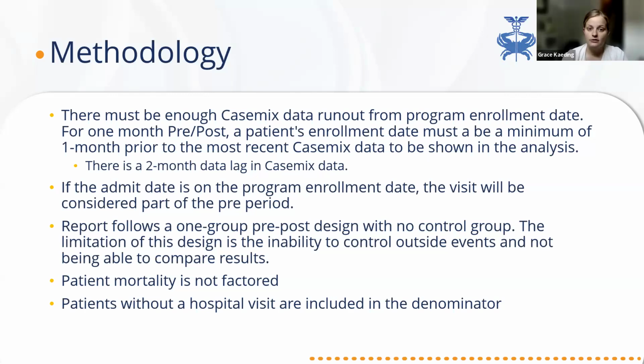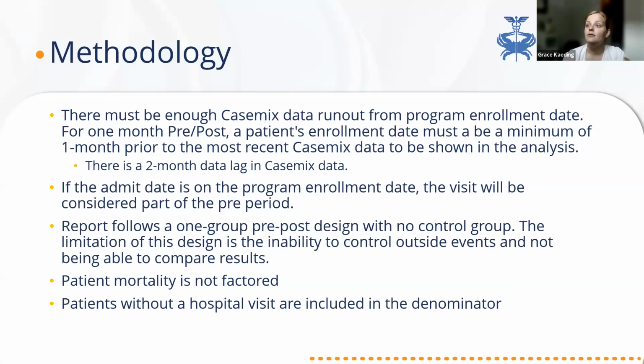This can get a little confusing because there's a 2 month data lag in the case mix data. But as I mentioned today, our case mix data is through June 30th, 2025. So the patient will need at least a program enrollment date of May 30th, 2025. We need that 1 month post of case mix data in order for the person to be included in the analysis because we don't want to skew results.